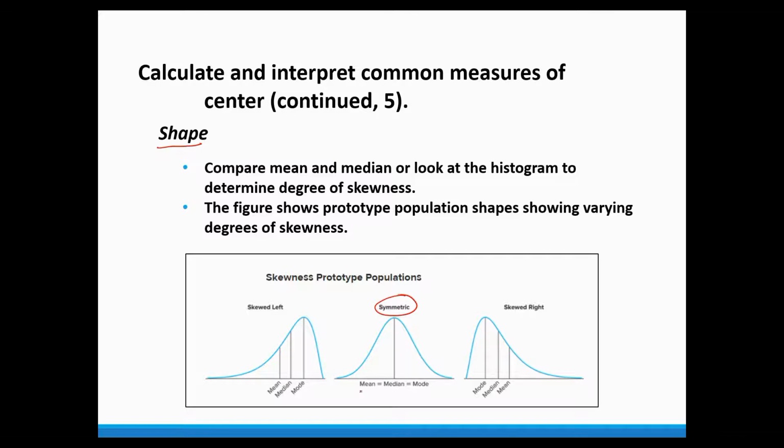In this case we'd find that the mean equals the median equals the mode. The three measures must be equal to each other.